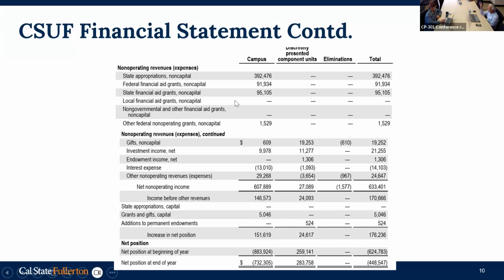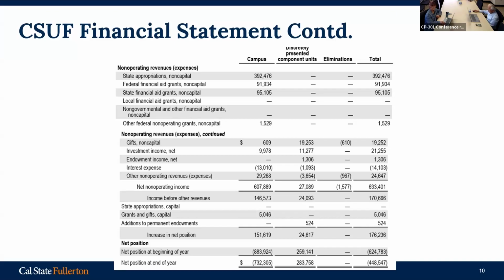Unfortunately, we are forecasting for next year that we're going to be in a deficit due to this item here. The state is not going to give us enough money. And so our position, as far as 2023, we were in the hole by $732 million.